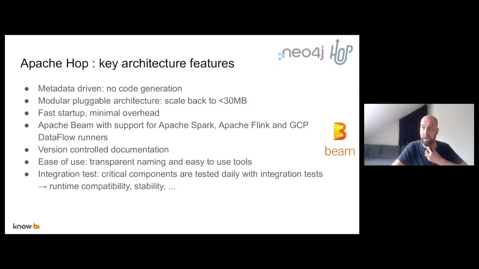Hop starts in a couple of seconds, so there's minimal overhead. The combination of that pluggable architecture and fast startup allows you to run in Docker and Kubernetes wherever you want it to be.